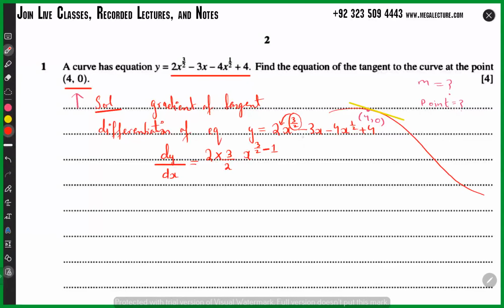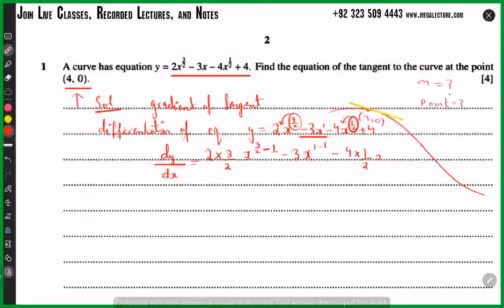Then minus 3x: minus 3 would come as it is, the power 1 would be multiplied by 3, which makes no difference, and the power is 1 minus 1. Then again, minus 4 would come as it is, and the power 1 by 2 would be multiplied with 4.